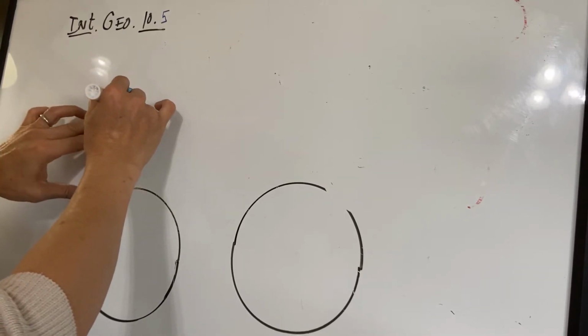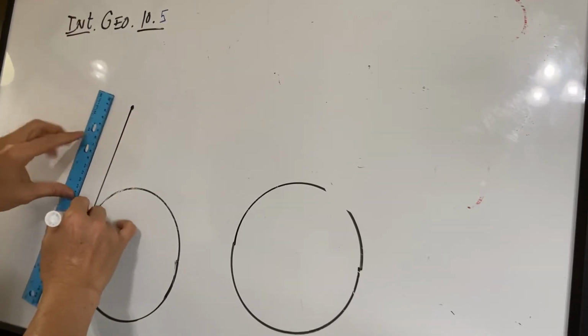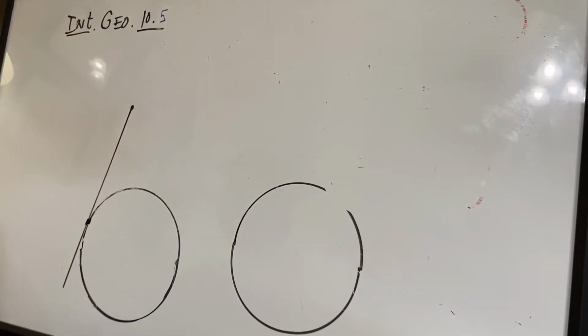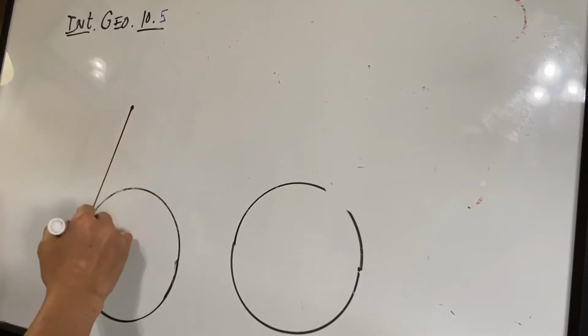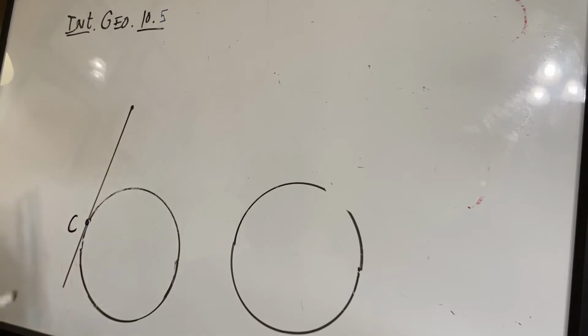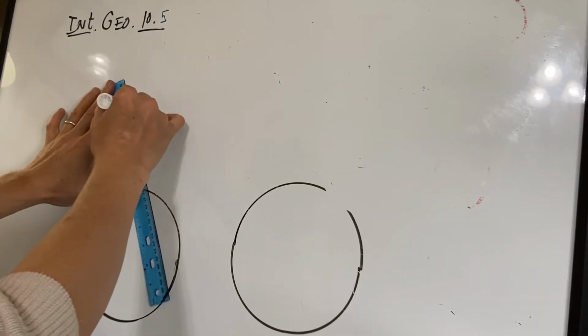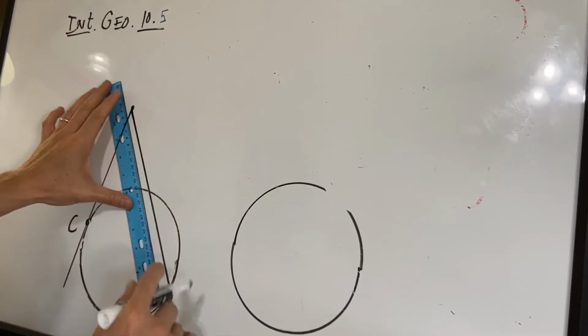Look right here. There we go, tangent. Let's call this the point of tangency C. Okay, and then you have a line that cuts through the circle just like that.